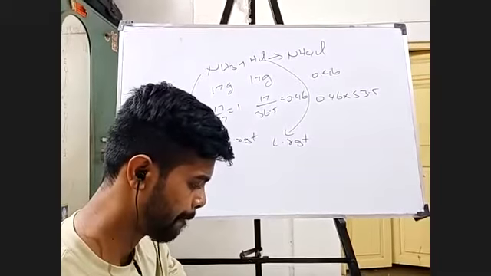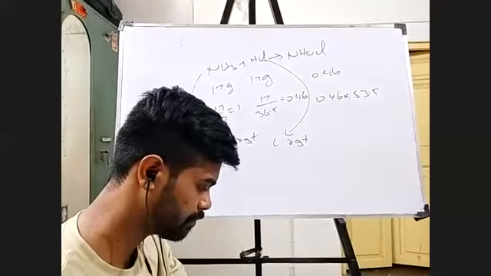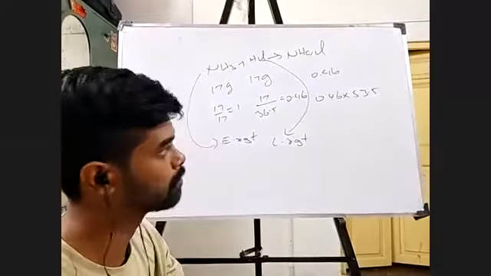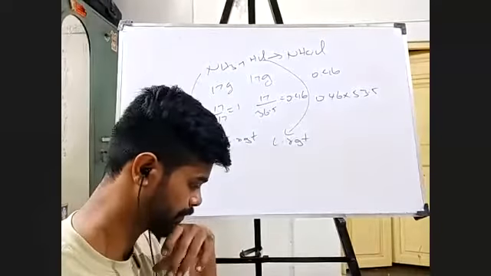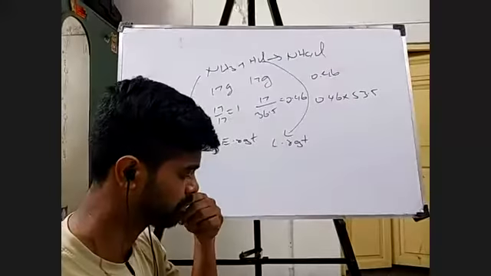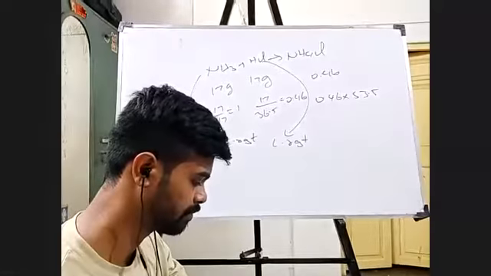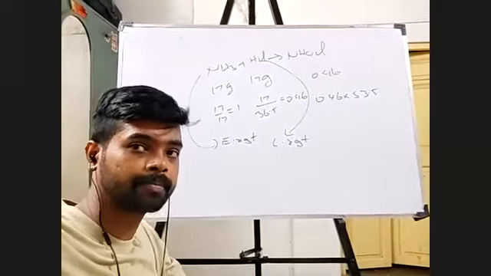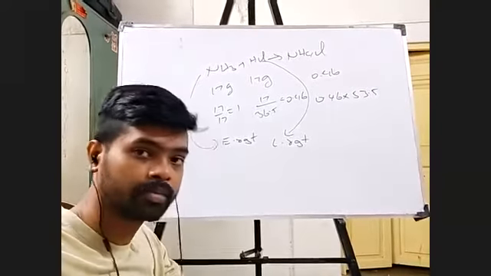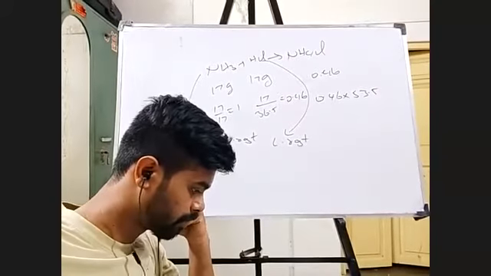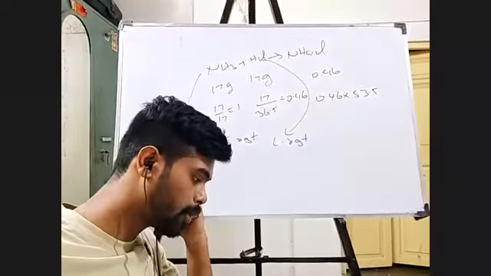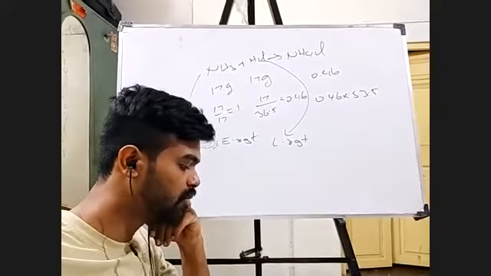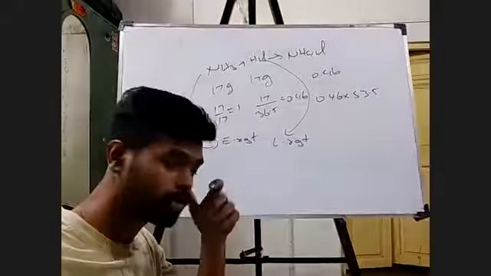Take it down. 0.5 moles of BaCl2 is mixed with 0.2 moles of Na3PO4, sodium phosphate.